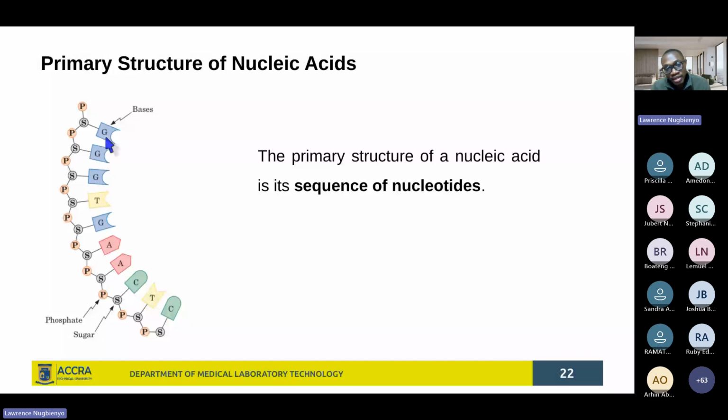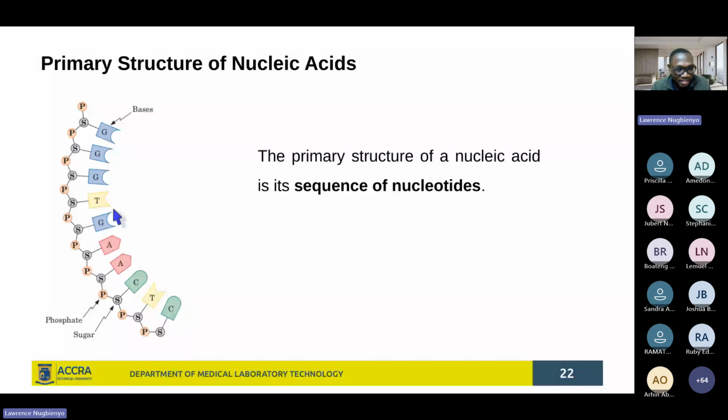So we learned these nitrogenous bases, purines and pyrimidines. And the purines we saw were adenine and guanine. So when you see G, it refers to guanine. When you see A, it refers to adenine. Then the pyrimidines, cytosine, thymine, and uracil.